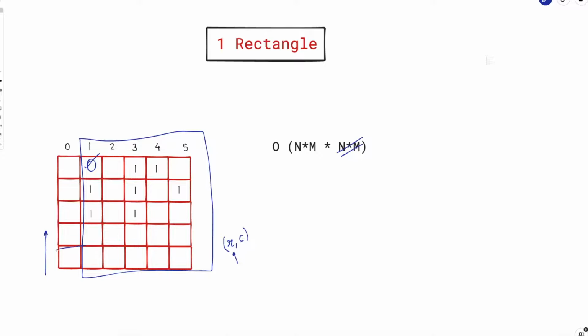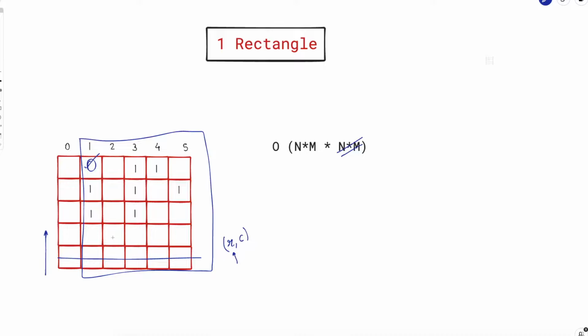Now will this be the optimal row? The answer is no. Why? Because here there is no one at all. Now if there is no one at all, why would you want to increase your area by one complete row? Doesn't make sense, right? So you will say, okay, this is not an optimal row for the current top left cell at least. Let's move forward.